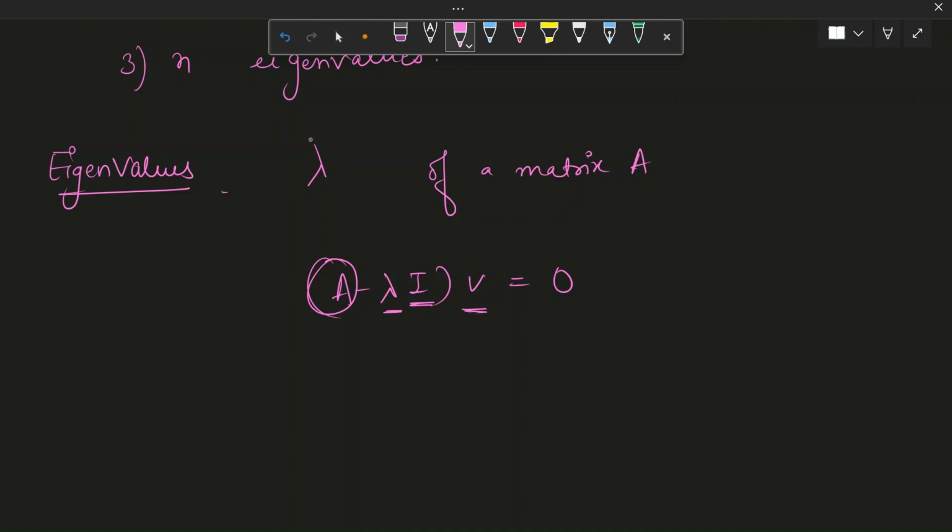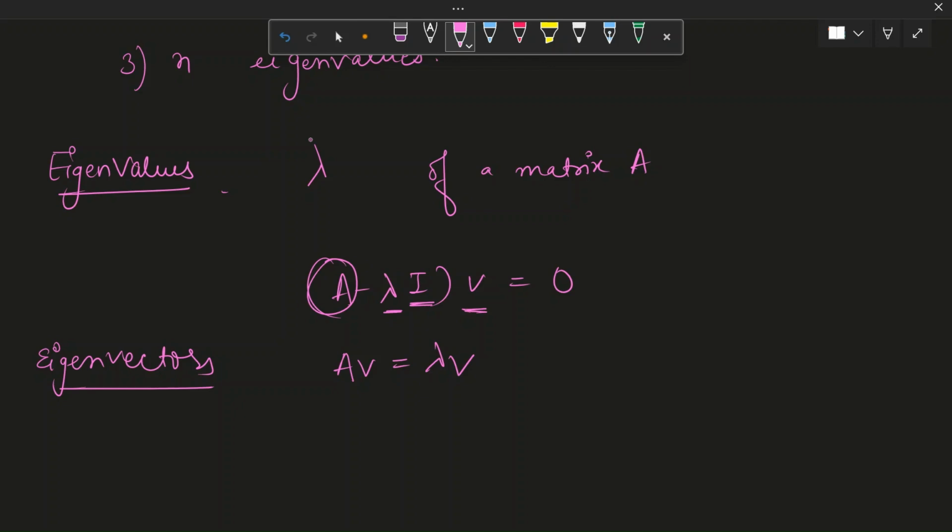Now, when we talk about eigenvectors, eigenvector V satisfies the equation AV equals lambda V. They are special vectors that remain in the same direction after linear transformation.